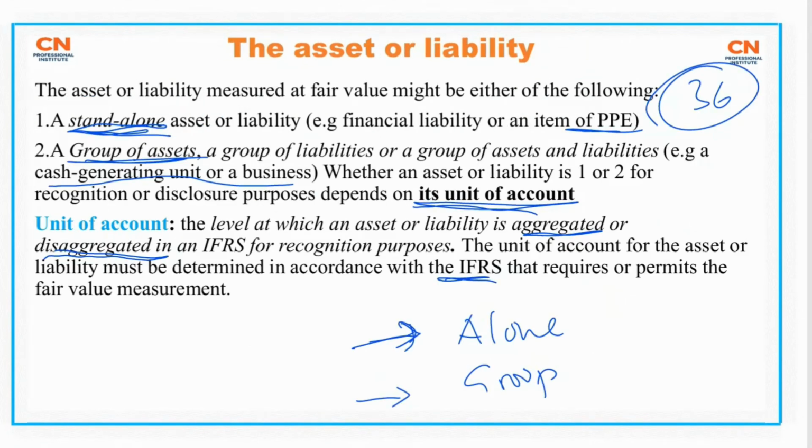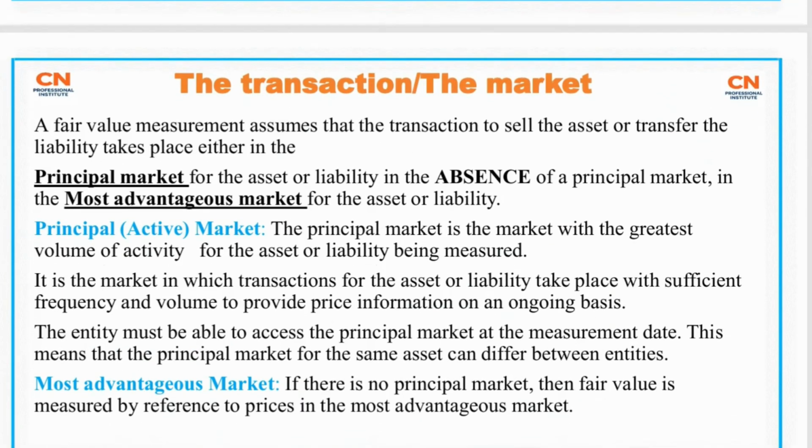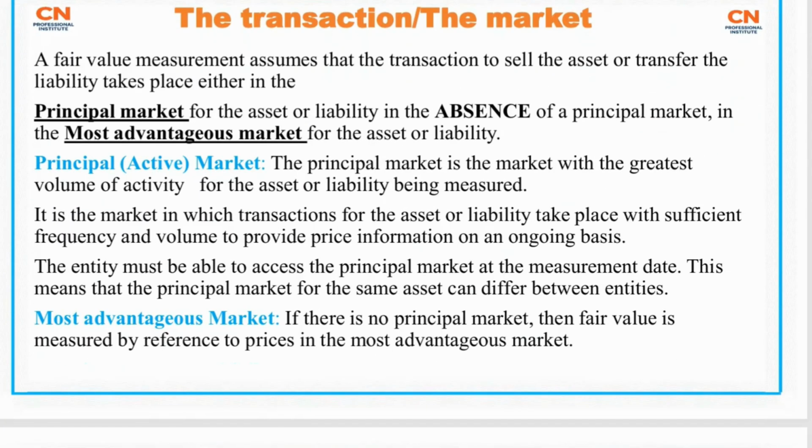Now, under IFRS 13, fair value, we have two markets. So if you want to determine the fair value, you have two markets. We have the principal market and the most advantageous market. Don't forget that. One, the principal market, and two, the most advantageous market.